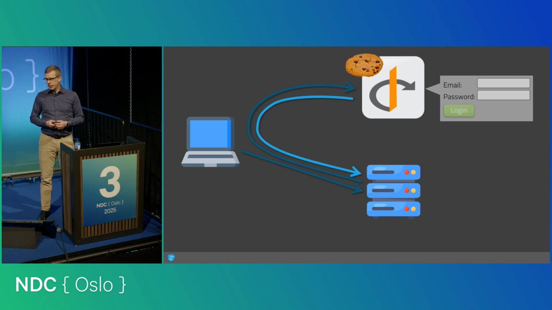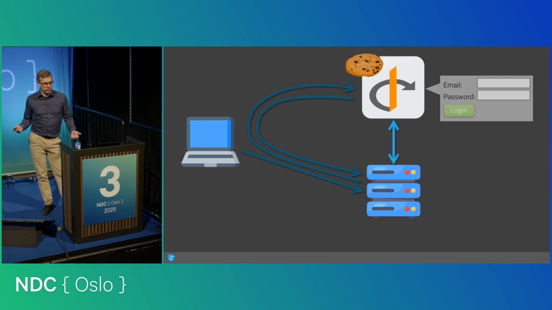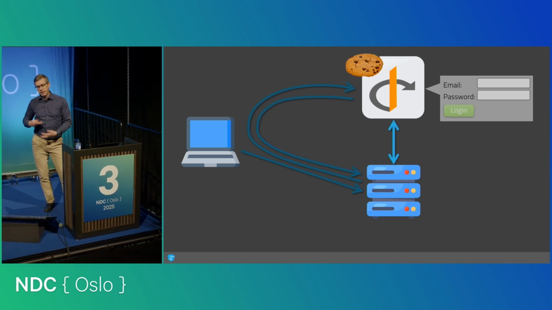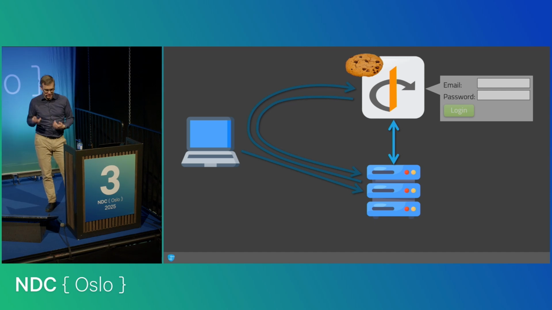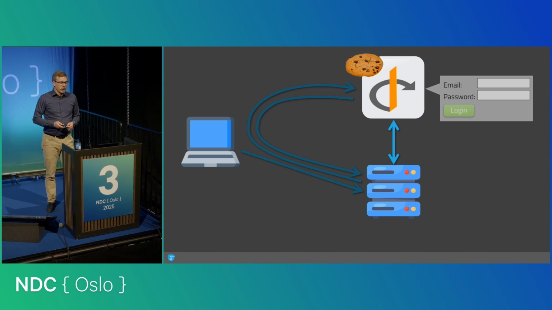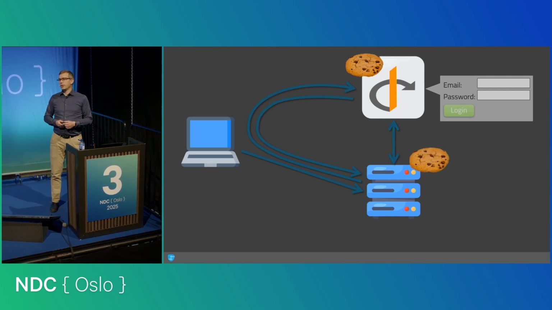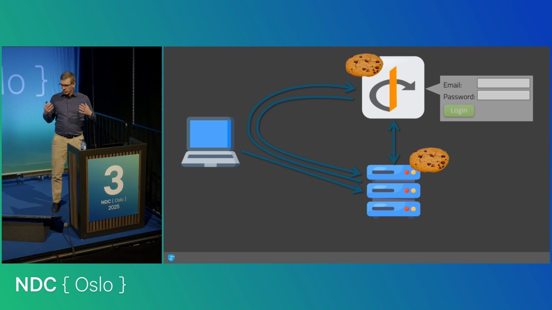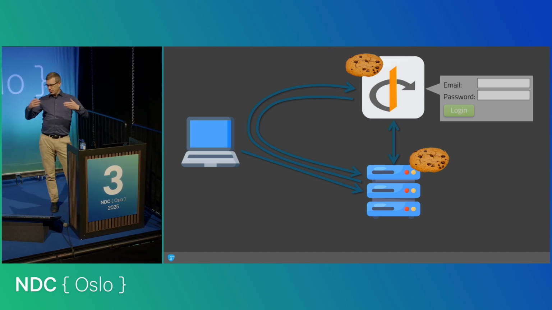So there is a redirect being returned by the OpenID provider, and the user's browser follows the redirect to the client application. Typically there is some back channel interaction involved. We can see the details in a while. And then the client application can set a cookie and establish a session. So this is kind of the starting point here.